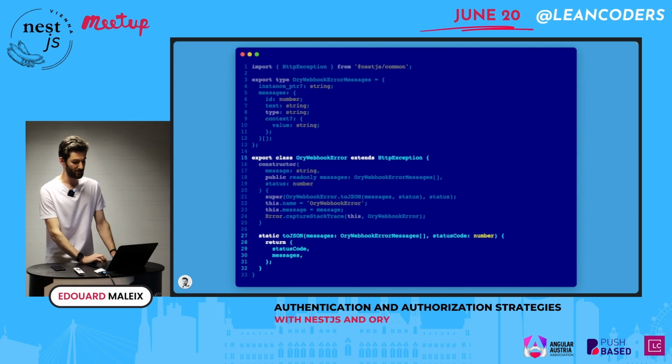The idea is just to avoid having a specific exception filter in NestJS to handle the error correctly. Otherwise, you will need an exception filter that will format the error in your correct JSON format. Here, this way, it's a simple trick to ensure that the format of the error is how ORI expects it to be, with a status code property and a messages array.